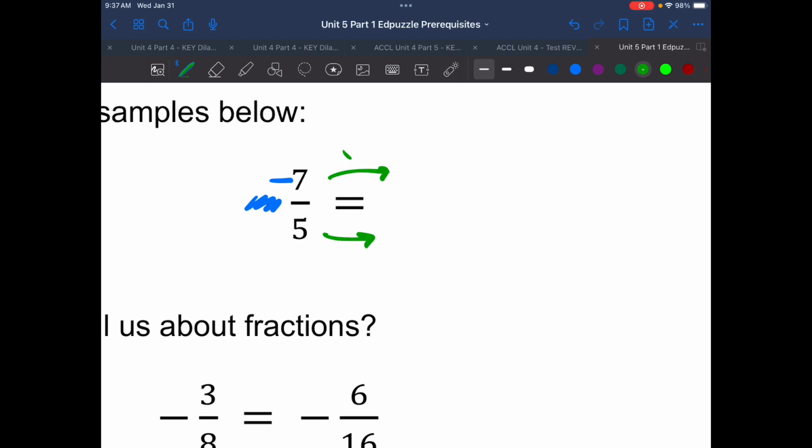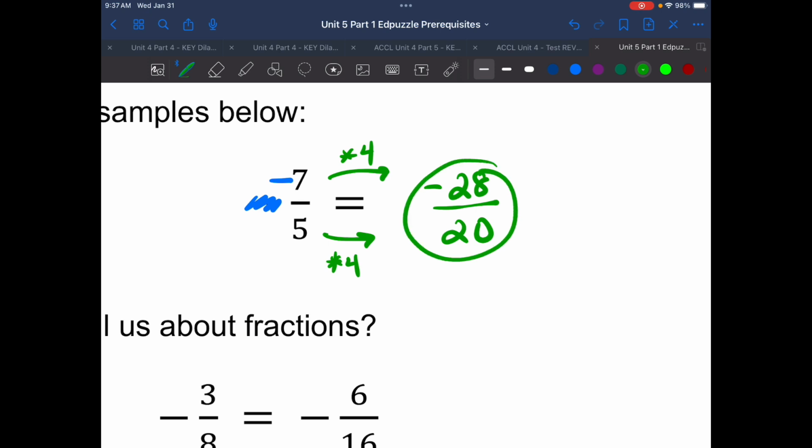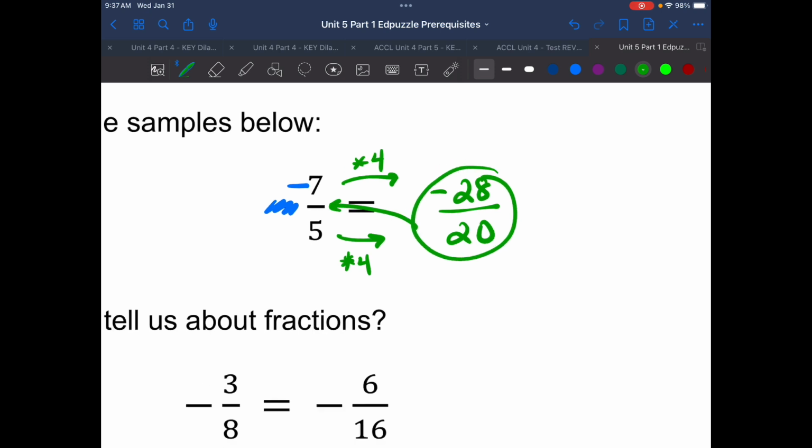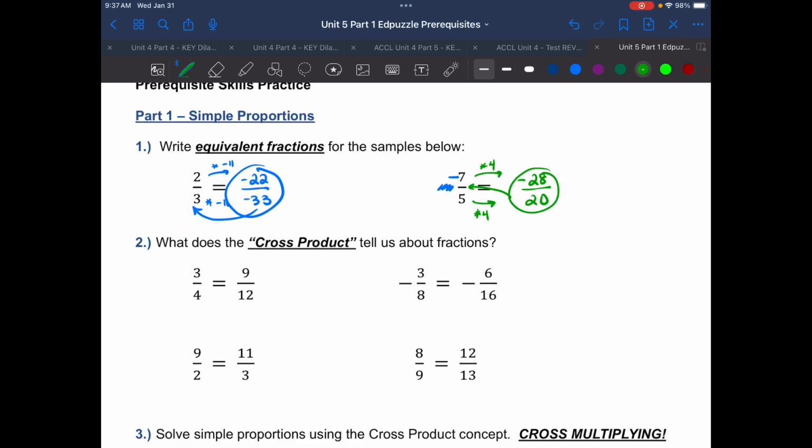So I'm just going to multiply by, say, 4. Just picking numbers randomly. So one equivalent fraction to -7/5 would be what? -28/20. Okay, so that would be equivalent to -7/5.